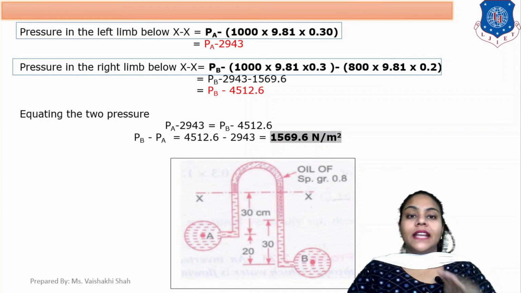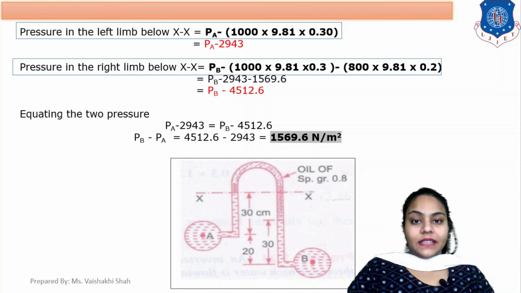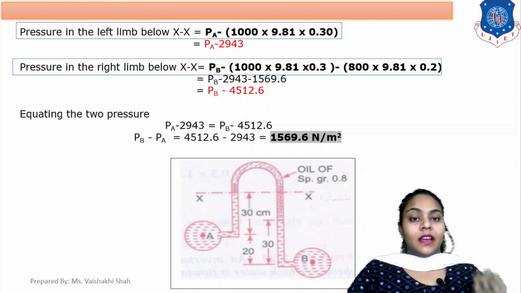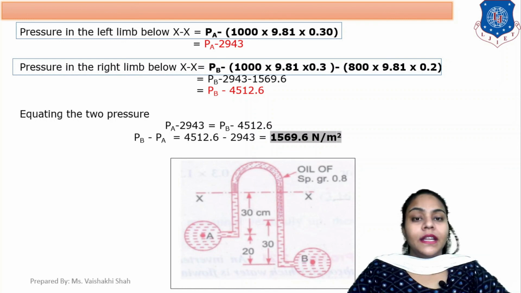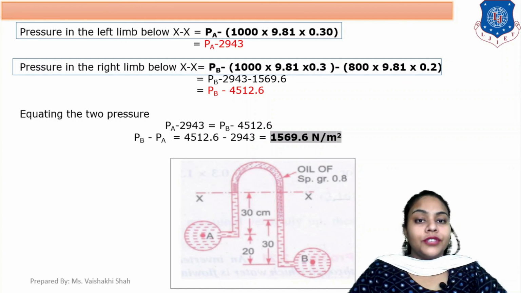Now, pressure in right column, that is Pb minus, first due to liquid in pipe B, which is water, that is 1000 into 9.81 into 0.3, minus 800 into 9.81, that is rho gh, h is 0.2.